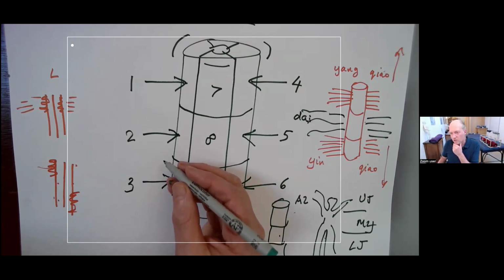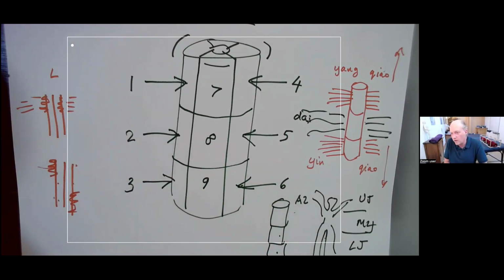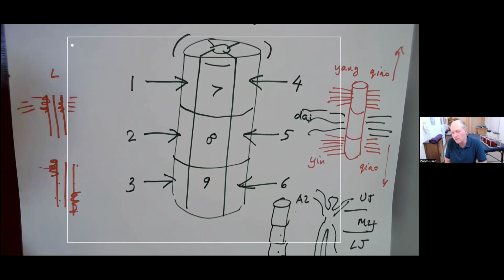Because the sides of the pulse are there, very often people feel the sides of the pulse without knowing they're feeling it, and for that reason it can get really confusing.